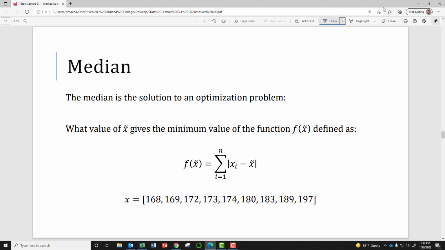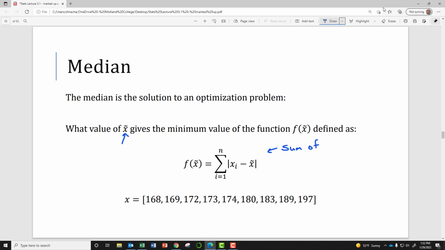In other words, going off the same problem and just rewording it, what value of x tilde gives the minimum value of the function f of x tilde, where my function's name is f, and I define my function as this. This is saying it's the sum, right? The capital Greek letter means sum.